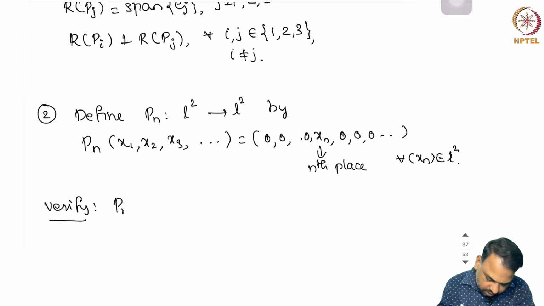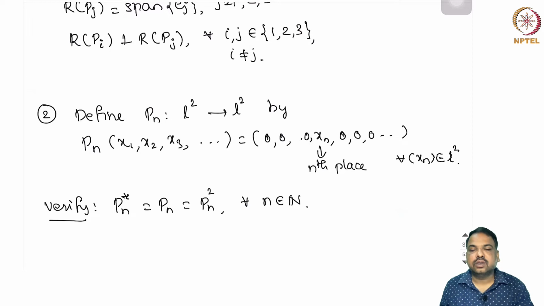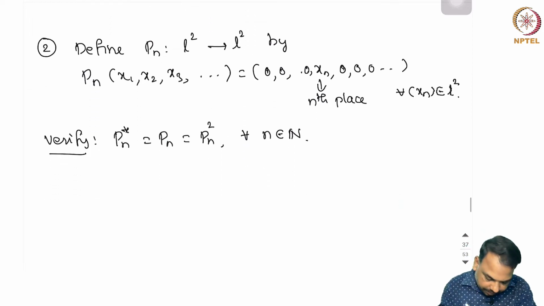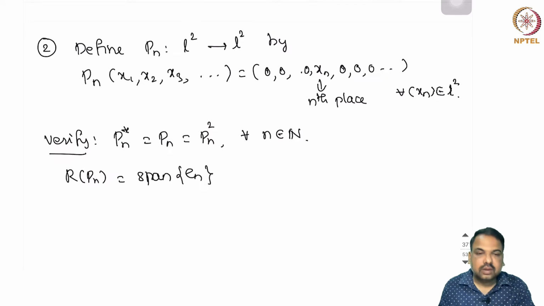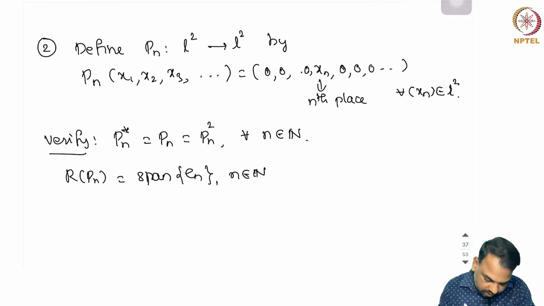Verify that Pn star is Pn, which equals Pn square, for every n in N. This is easy to verify. And range of Pn is span of en, where we know that the set of all en, n in N, is the standard orthonormal basis. So en is 0, 0, 1, 0 and so on, with 1 at the nth place.